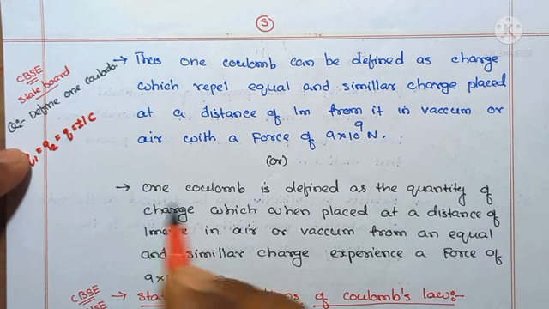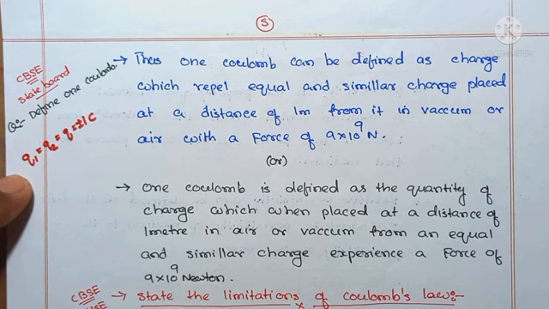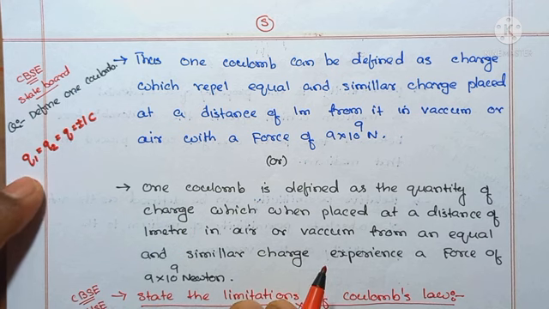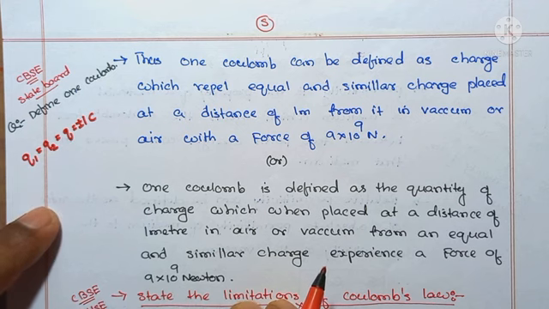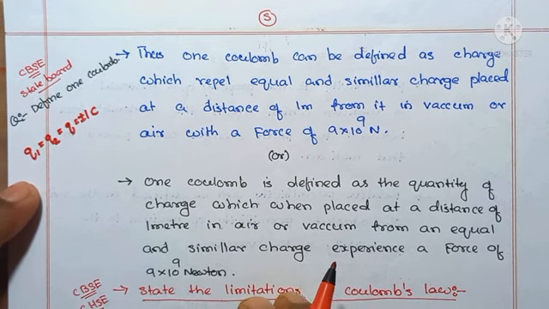मतलब Q1 and Q2, when Q is equal to 1 coulomb, at that time Q1 is also 1 coulomb, Q2 also 1 coulomb. When Q is equal to minus 1 coulomb, Q1 is equal to minus 1 coulomb, Q2 is equal to minus 1 coulomb. ठीक है, so now we will define according to Coulomb's law what is 1 coulomb.